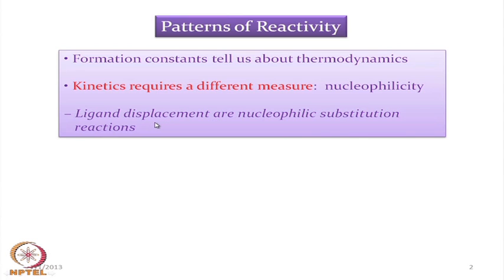In all these cases, the ligand displacement reactions are nucleophilic substitution reactions. One L is substituting another L, which is attached to the nucleophile, that means the metal center. So, we get nucleophilic substitution reactions for these ligand substitution reactions.